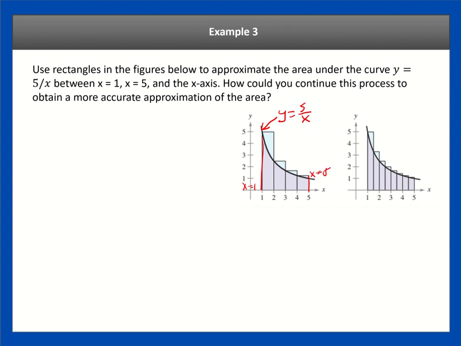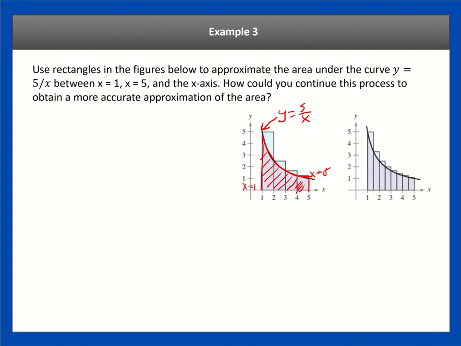So we want to get the area between those two, and then bounded by this graph, of course. So essentially, you want to get this area. Well, if I draw those rectangles, it's not going to give me the exact area that I need. So the idea is we want to get that exact area, but we can't do that unless we have the concepts of calculus. So we're going to estimate. All right, here we go.